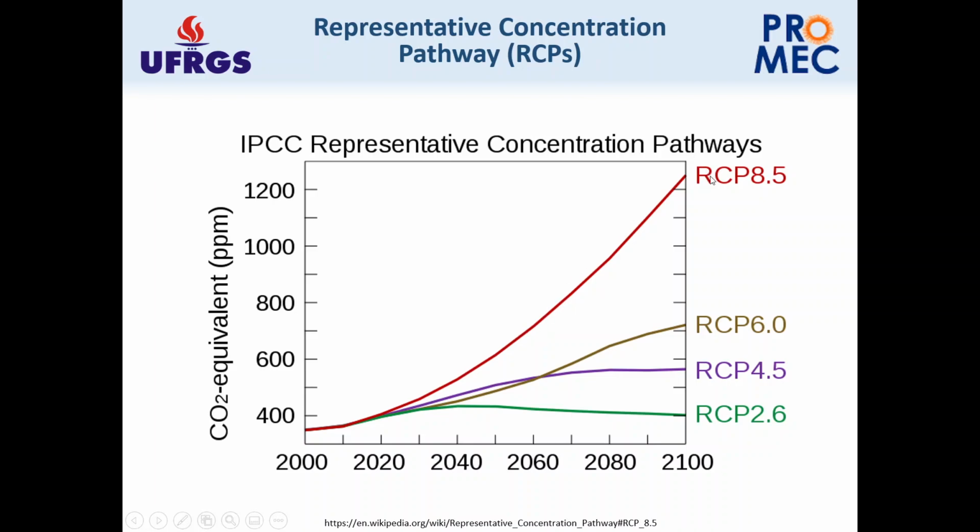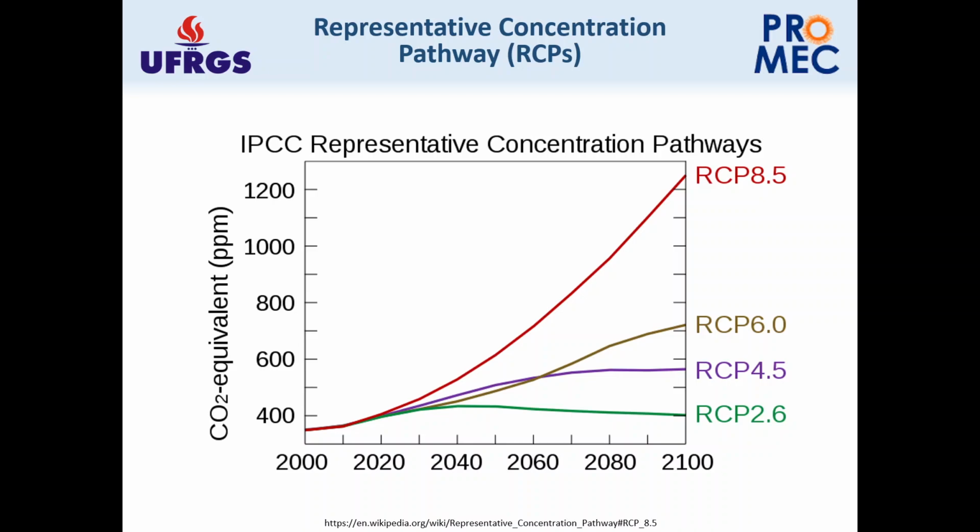For example, if you're doing a regional model, your model is not going to dictate how much CO2 is going to be emitted, but the CO2 that is in the atmosphere will impact your decisions because you will have a different climate in the future.